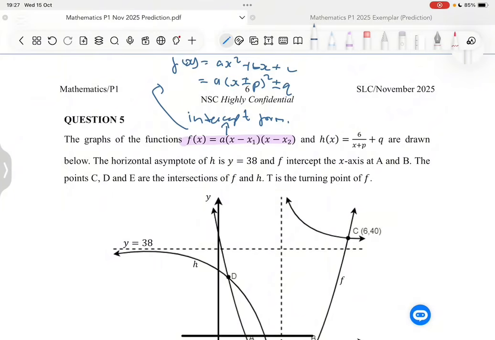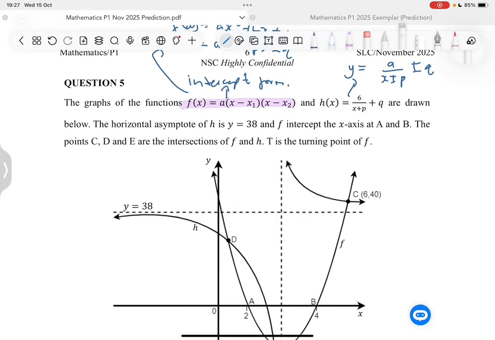And a hyperbola, we all know that it has a form of y is equal to a over x plus or minus p plus or minus q. And the values of p are actually telling us the left and right movements, and the values of q are telling us the up or down shifts that the graph will take.